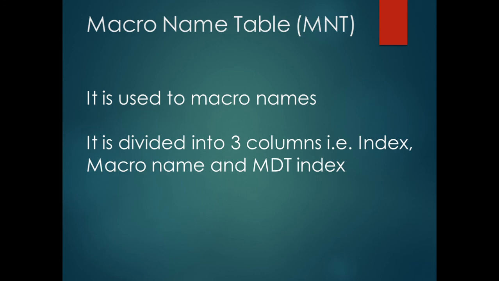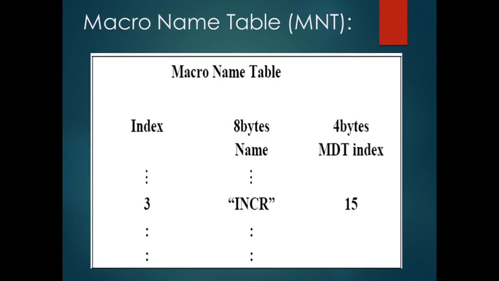The last table we will see is the MNT, that is macro name table, and this table is used to store macro names. It is divided into 3 columns, that is index, macro name and MDT index. Let us take an example.